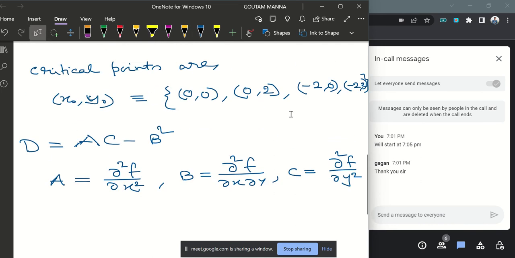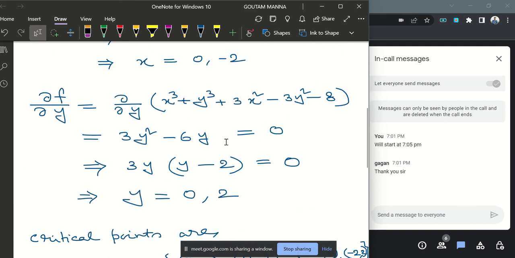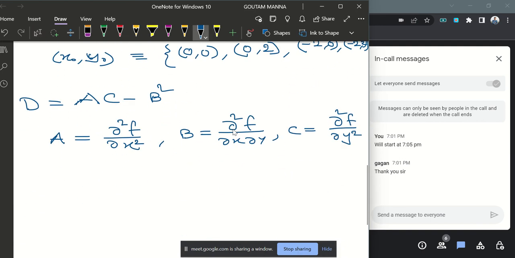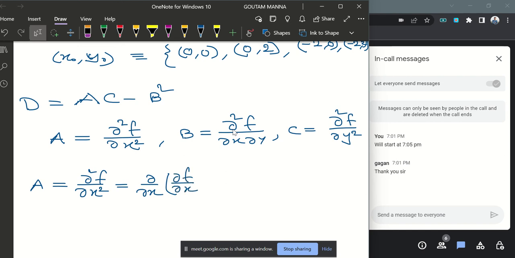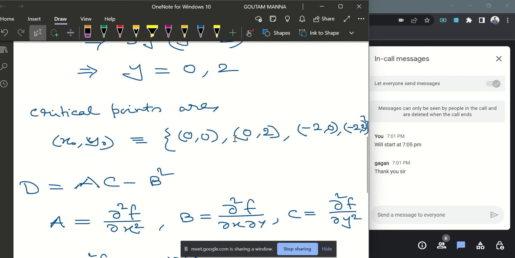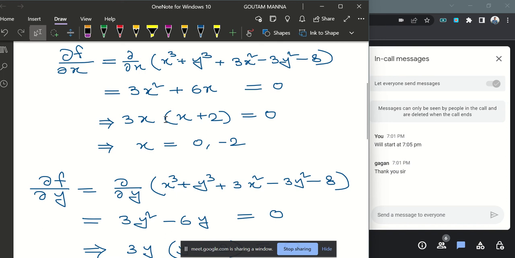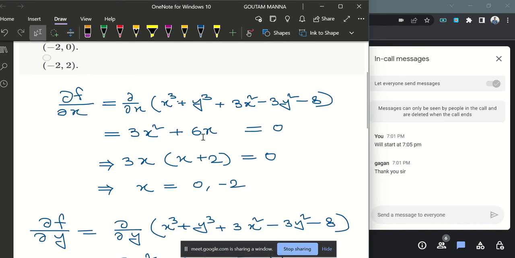So let's calculate. A is del 2F del x2, which is del x of del f del x, and we have already calculated del f del x, which is 3x square plus 6x.